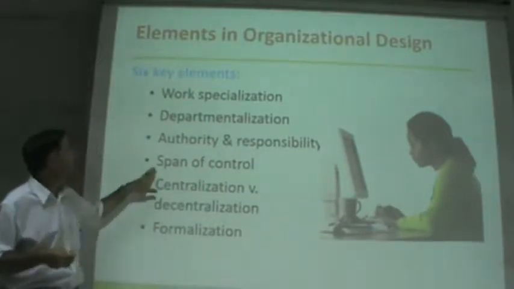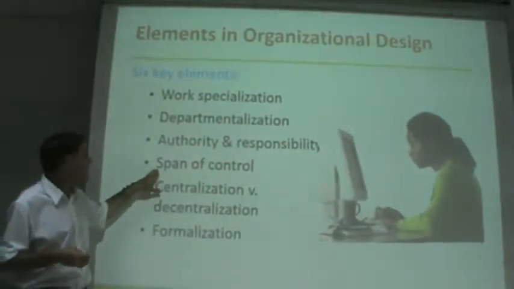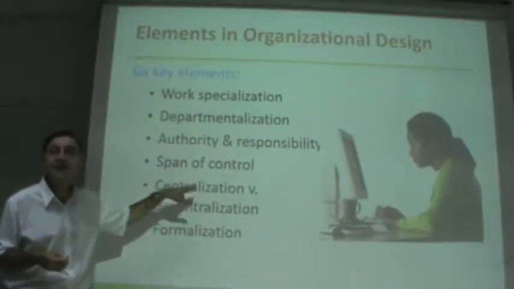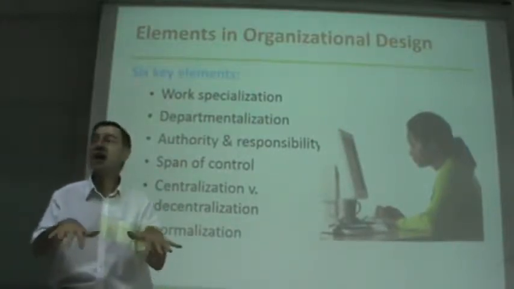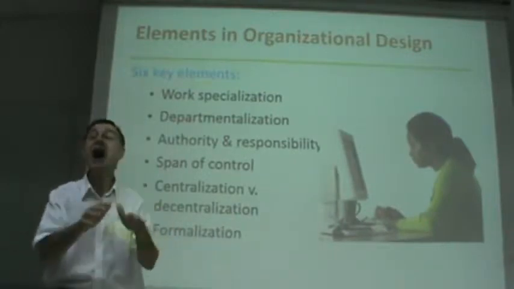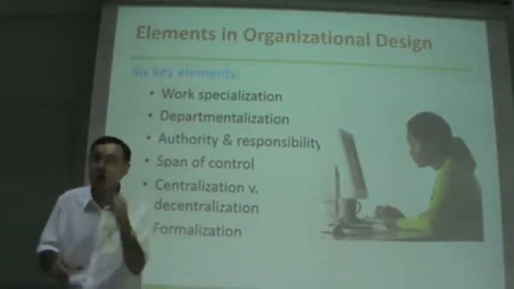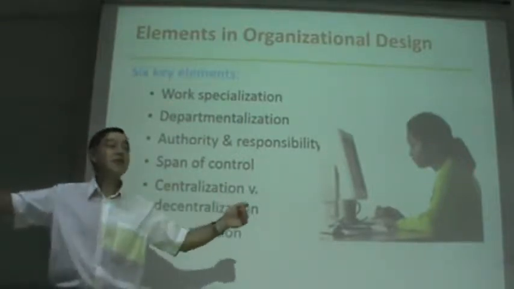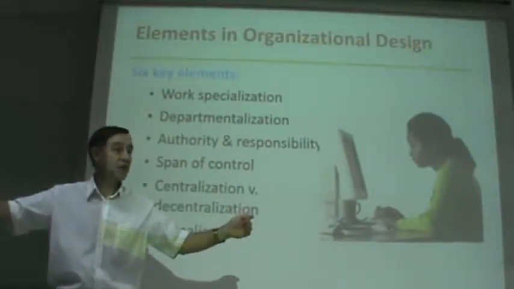The next concept is span of control. And span of control simply means how many employees work underneath you. So a manager can have only 3 people working for him, or could have 20 people working for him.